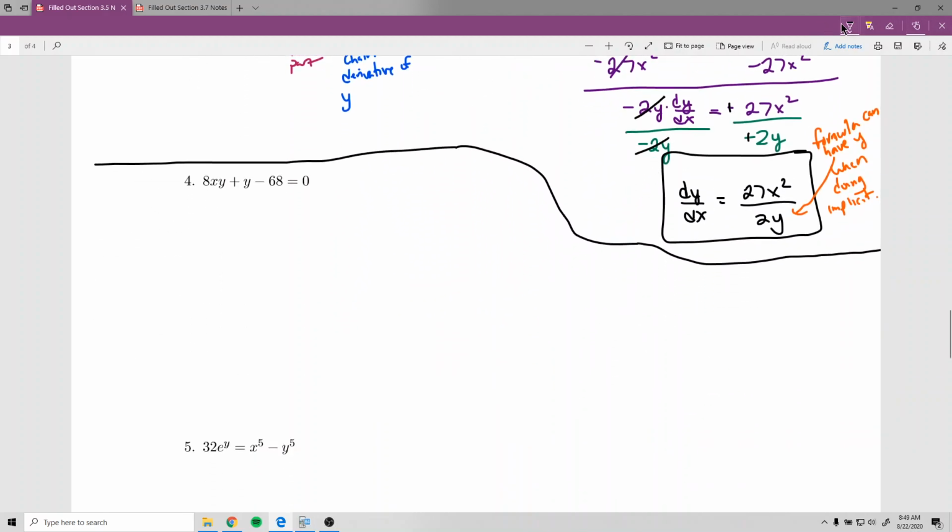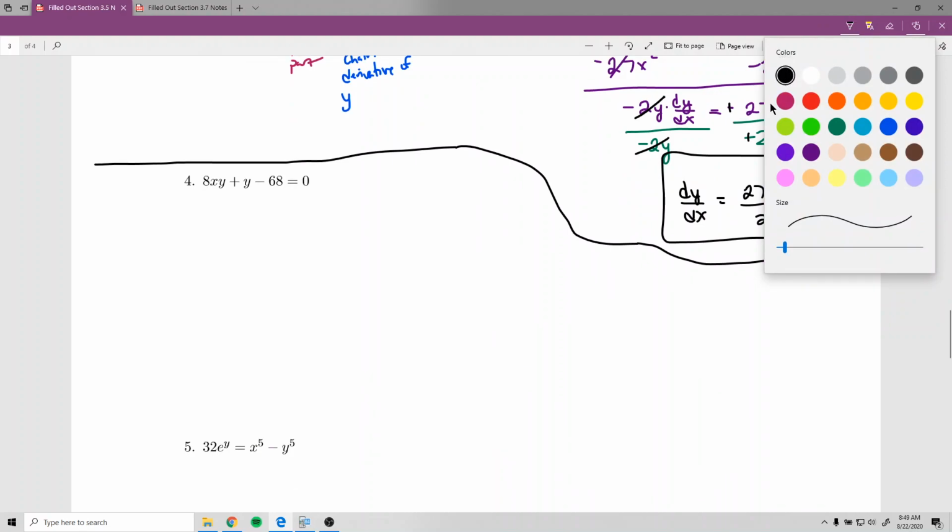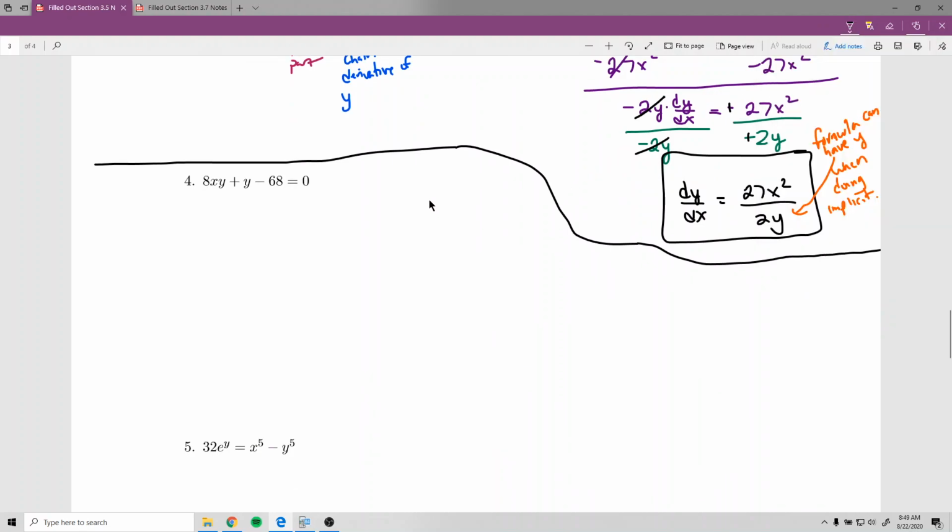Number 4 here. Number 4, we got 8 times x times y plus y minus 68 equals 0. Once again, we're looking at this and we want to do implicit differentiation because y is not by itself.